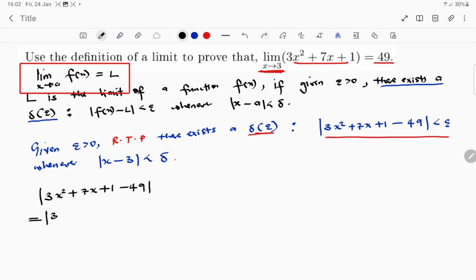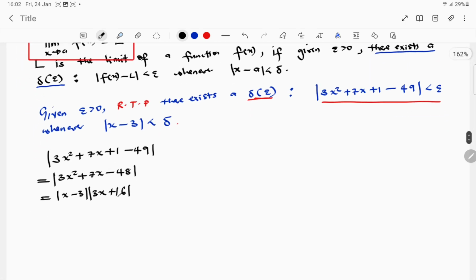We need to factorize this: we get 3x squared plus 7x minus 48, and after factorization, we get (3x plus 16) times (x minus 3). Then we need to find a bound for 3x plus 16. Since x minus 3 can be bounded by delta, the bound which we don't know is for 3x plus 16.